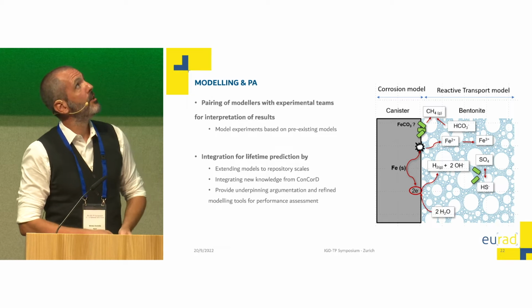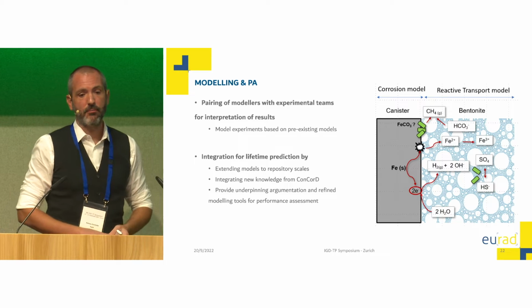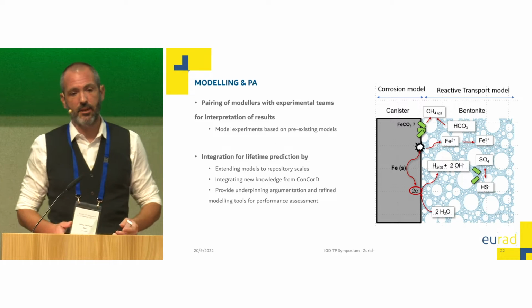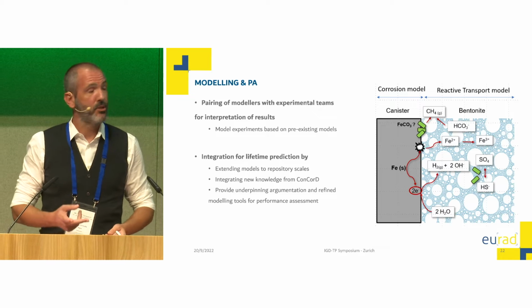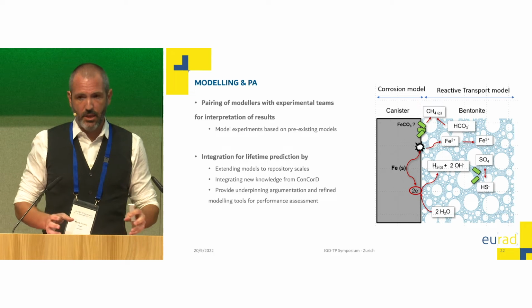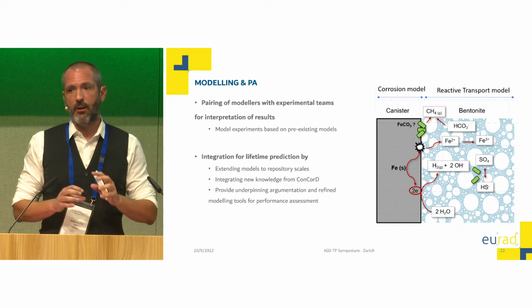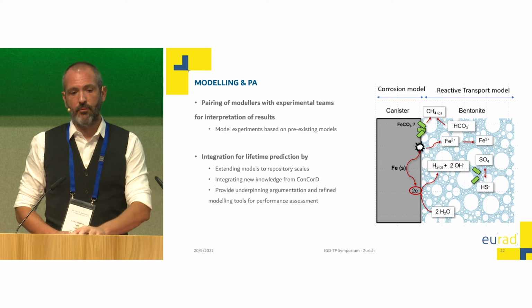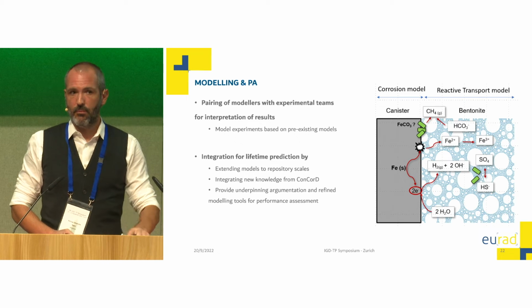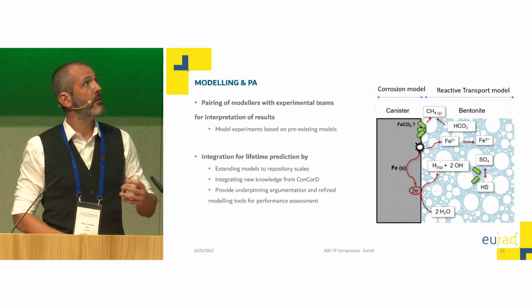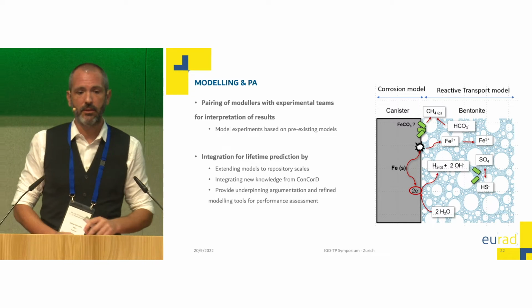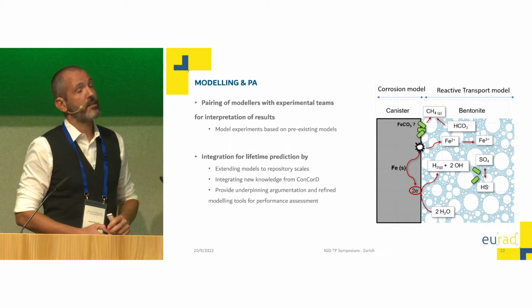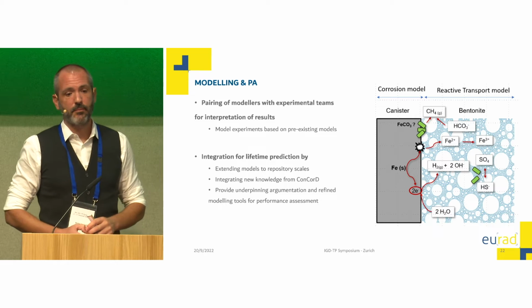What we do in this, mainly a modeling exercise and integration for performance assessment, is 2 kinds of activities. One activity is pairing a modeling team with an experimental team, so we have one team actually modeling and predicting the results of a specific experiment.